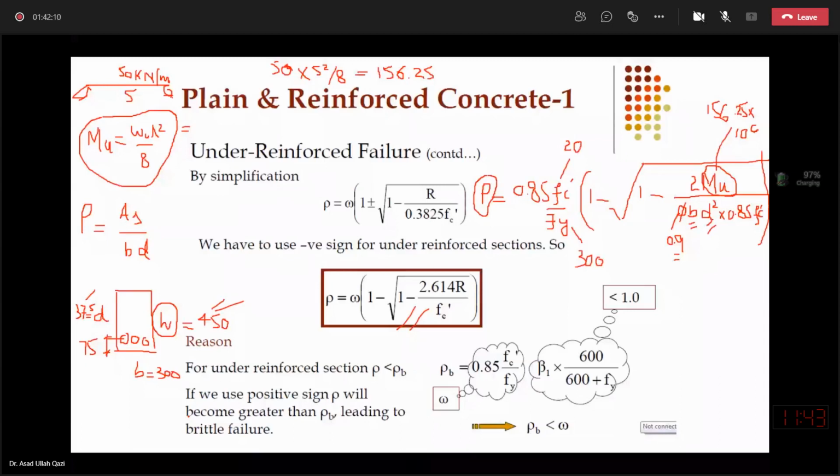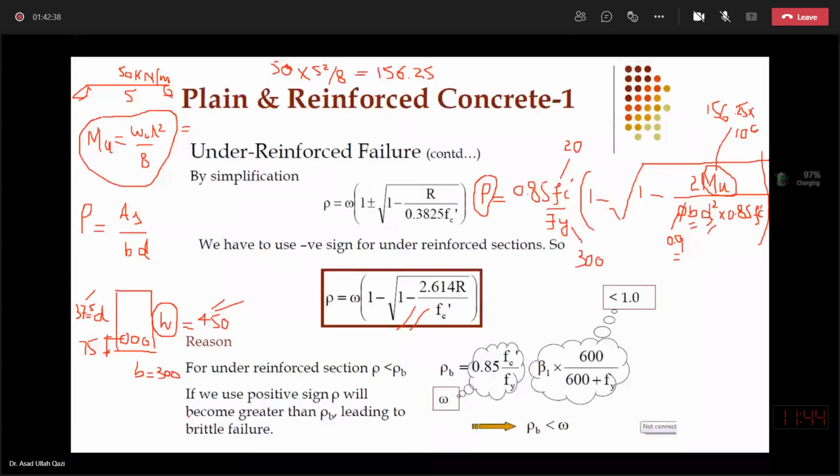So normally starting from 228, 300, 375, multiples of 3 inch commonly used in Pakistan: 9 inch, 12 inch, 15 inch, 18 inch, 21 inch, 24 inch. So multiples of 75 millimeter, you can say.